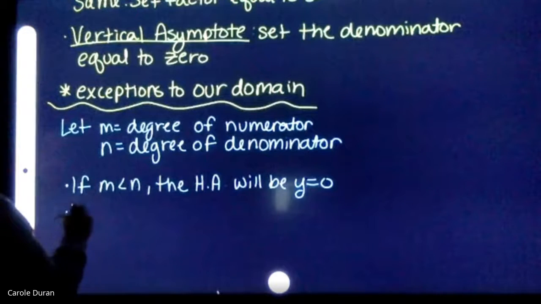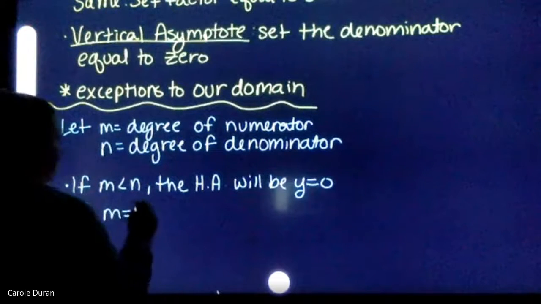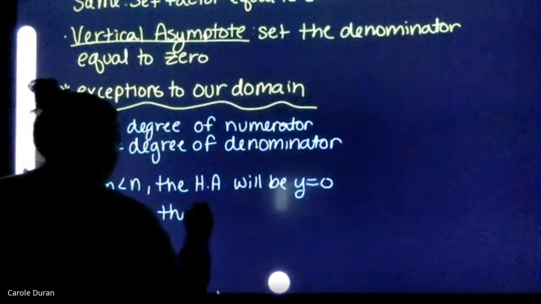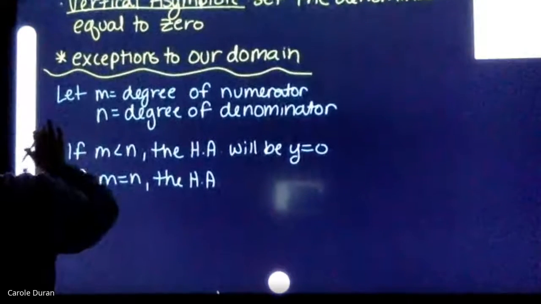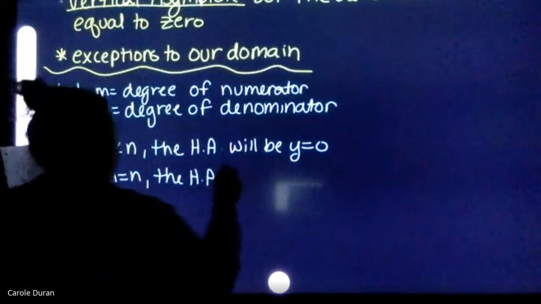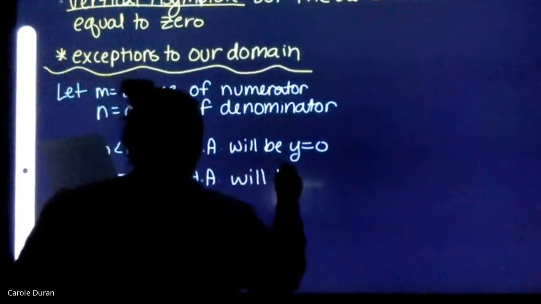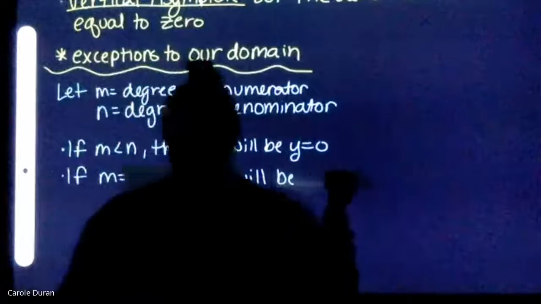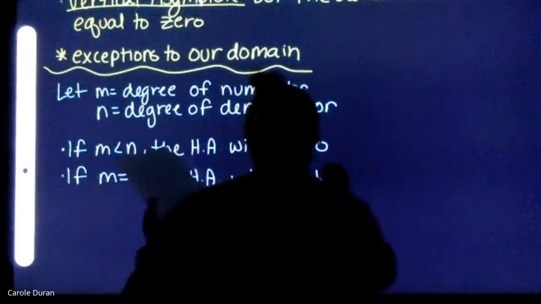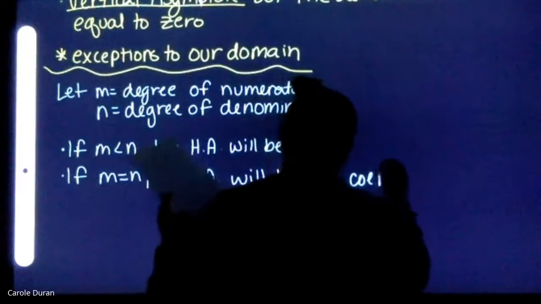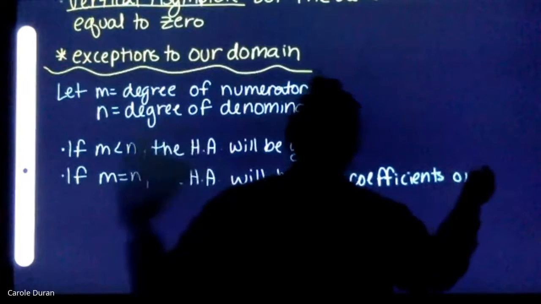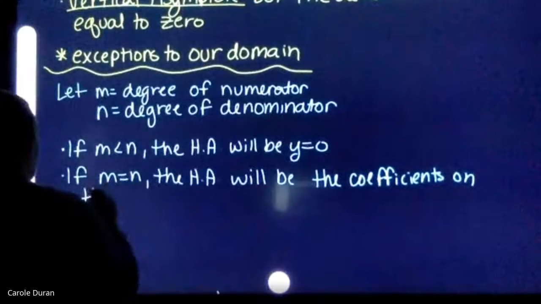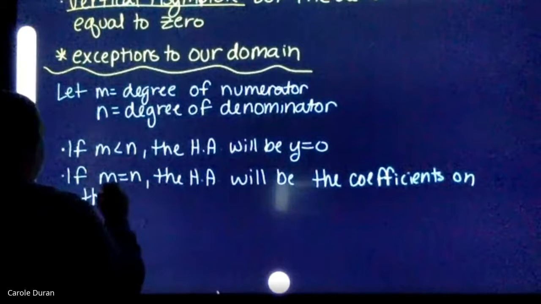If they are the same, then the horizontal asymptote will be the coefficients on the leading terms.